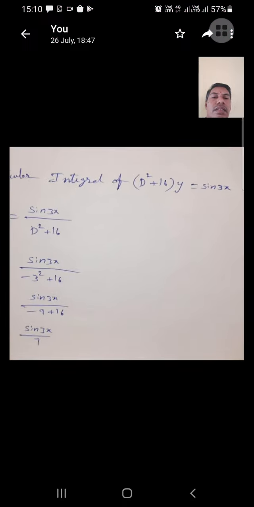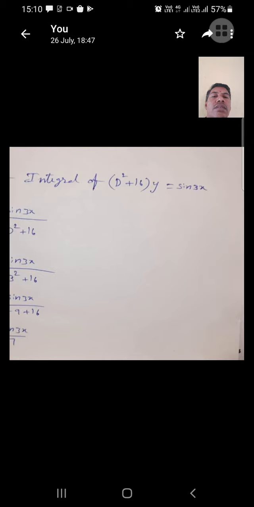Next, we are observing: find the particular integral of D square plus 16 of y equals sine 3x. Here it is not asking us to solve fully, it is asking for one half of the solution, that is the second half, the particular integral.